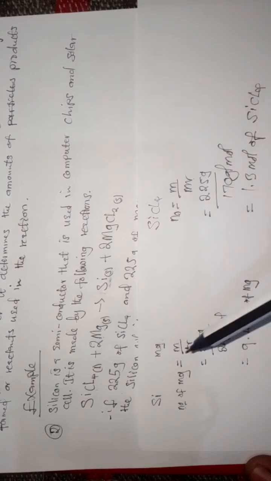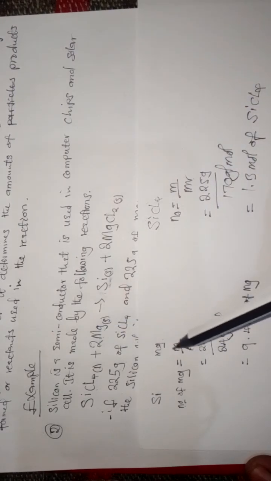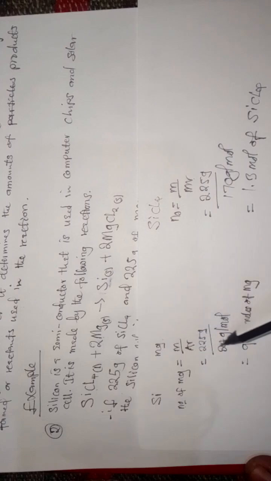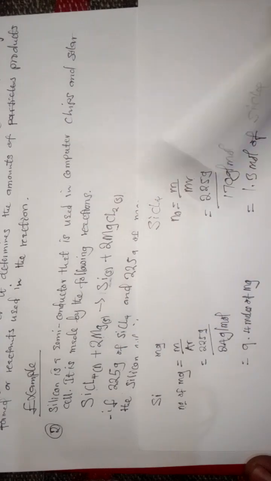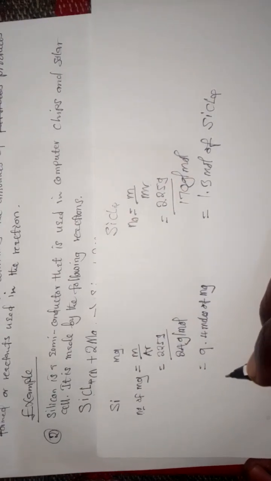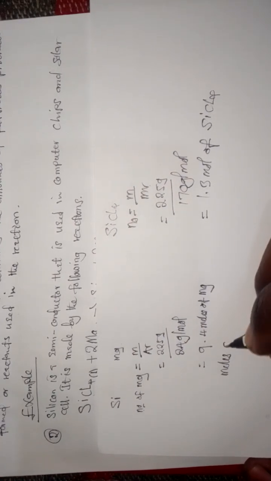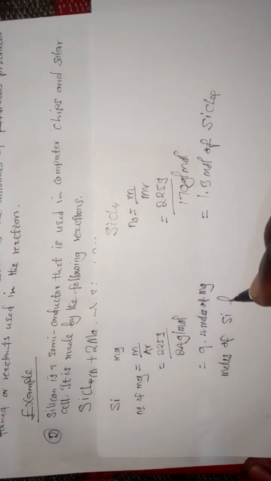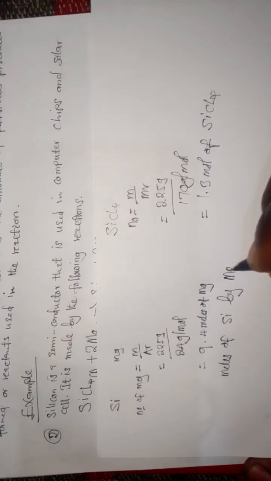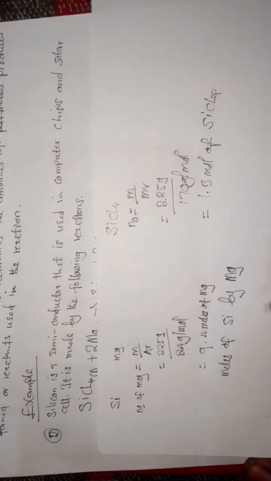No wonder when writing this, the mass of magnesium here, the Ar, this one, 24, we didn't multiply 2 times 24. This means that the number is what? Moles. So we can say moles of silicon to magnesium.